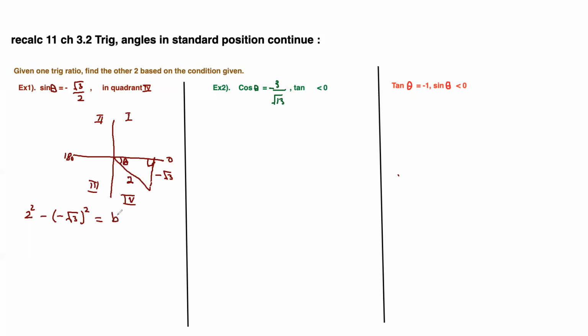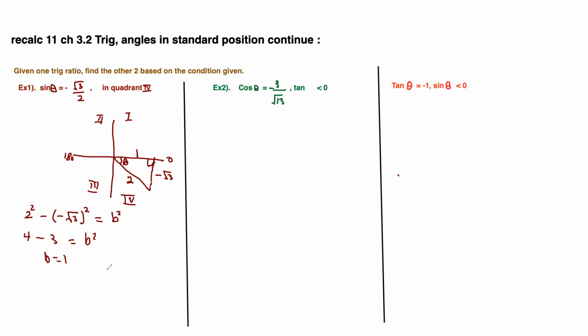So 4 minus 3, because √3 squared is 3 and the negative squared is positive, equals b squared, and that's 1, so b equals 1. Therefore this is 1, and the side on the x-axis is positive.